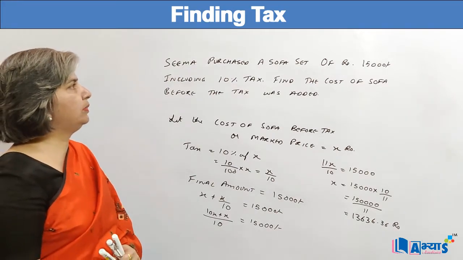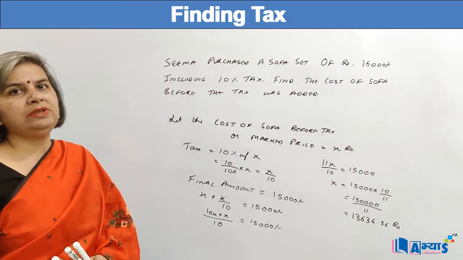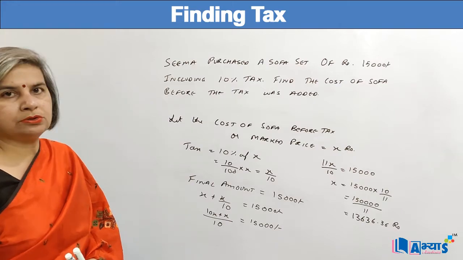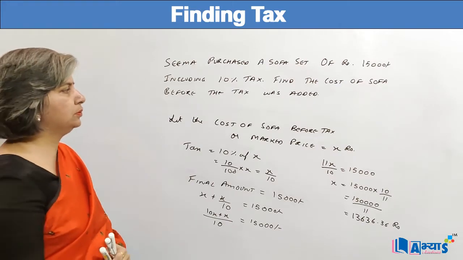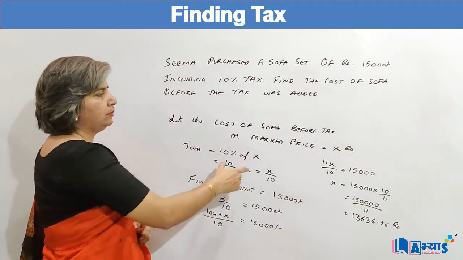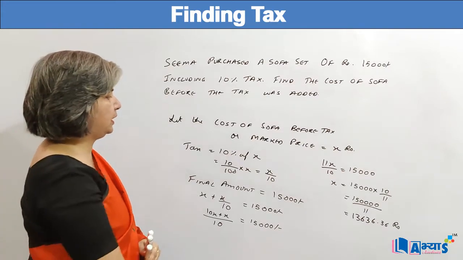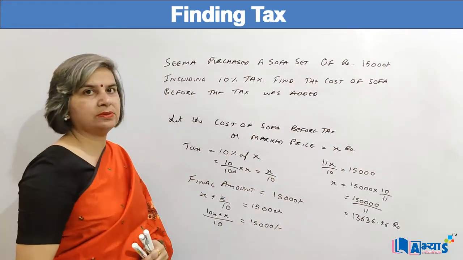So here Seema has purchased the sofa set for 15,000. That means she has paid for the cost of the sofa set plus the tax. As we were given that the tax was 10%, we assume the mark price to be X and the tax is 10% of X, so it is 10 upon 100 into X, that means X upon 10.